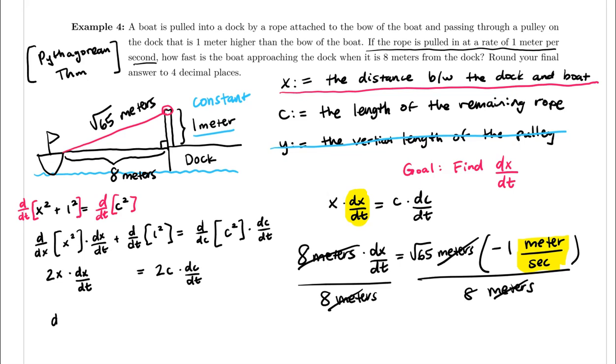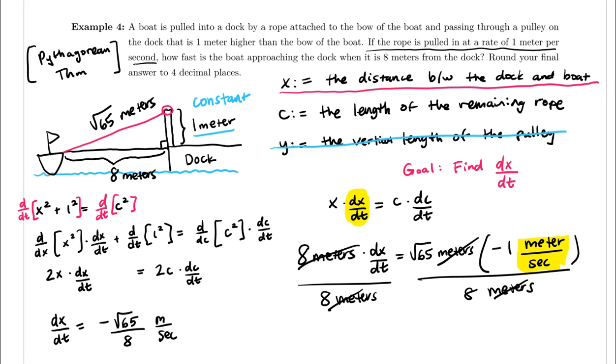Okay, so dx/dt is equal to negative square root of 65 over 8, and then our units are meters per second.